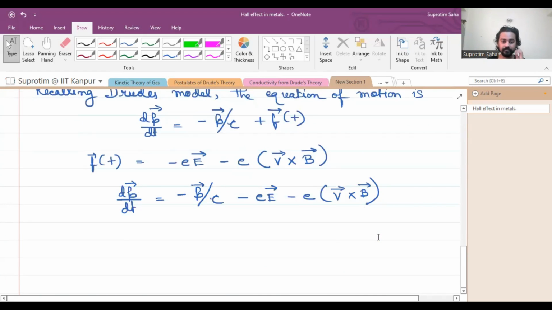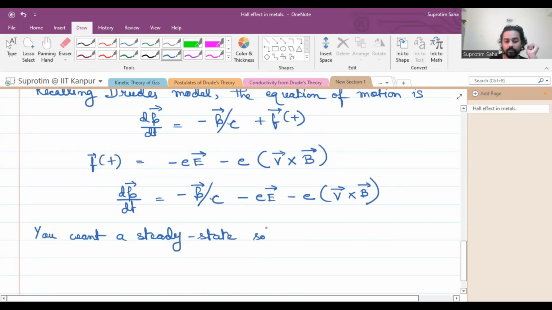So this is fine. Now we want a steady state solution, which means you are going to look at it in an equilibrium scenario.